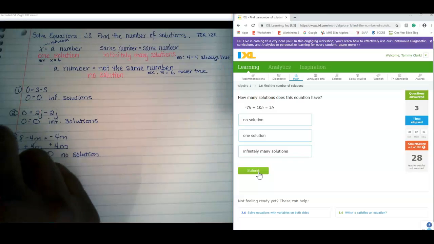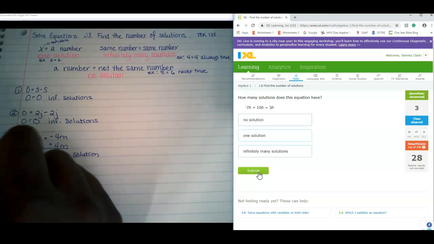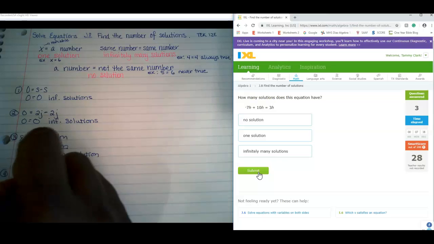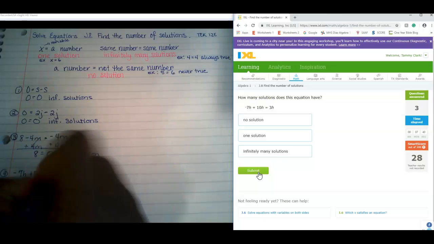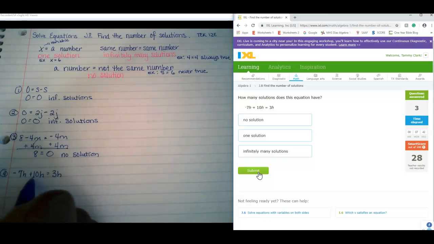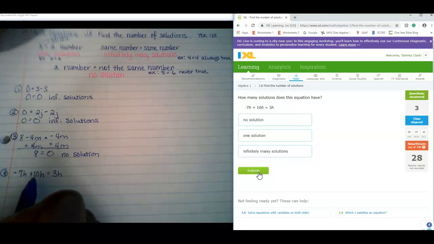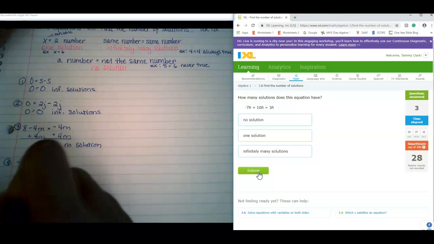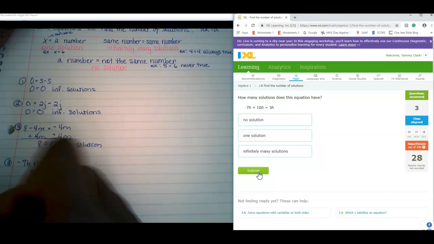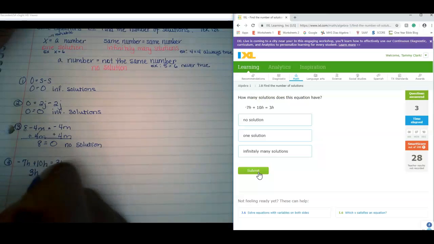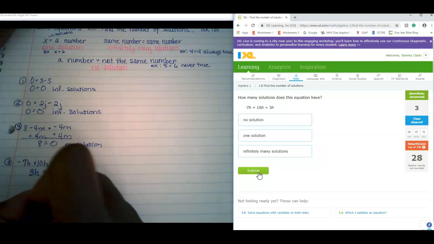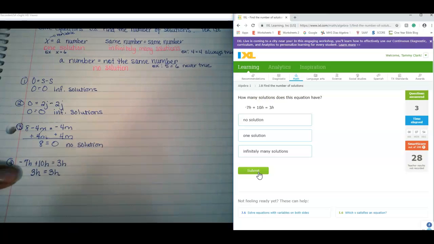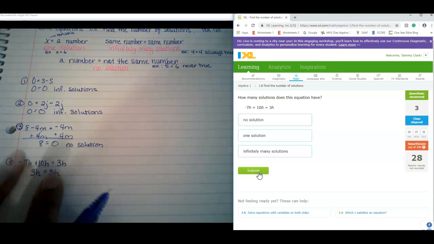Number 4, we have negative 7h plus 10h equals 3h. Well, if we combine like terms here, we see that 10 has the advantage by 3, and 10 is positive, so our 3 will be positive. So we have 3h equals 3h. Now I really don't have to continue to solve because these are the same.